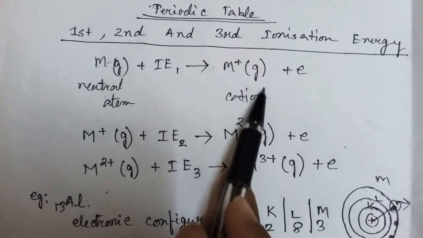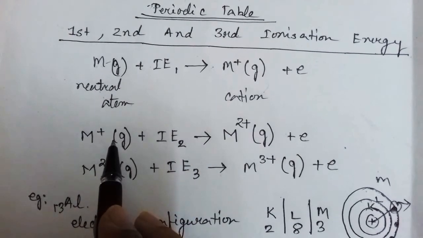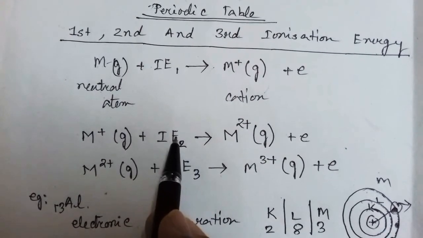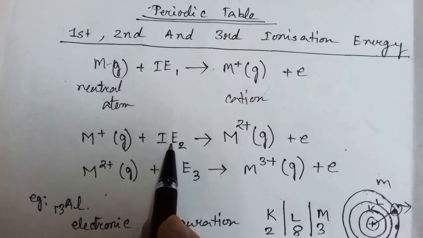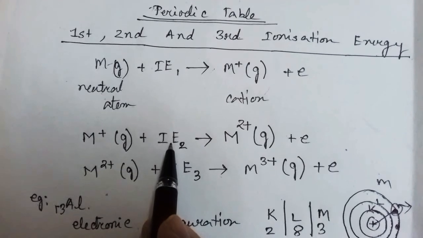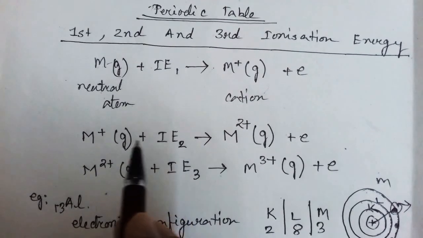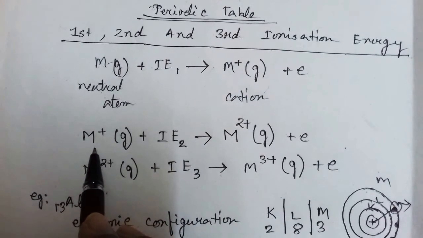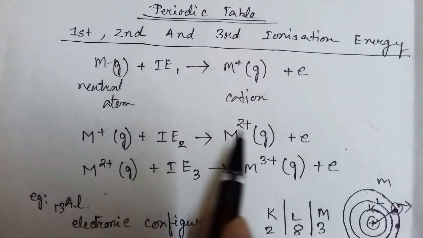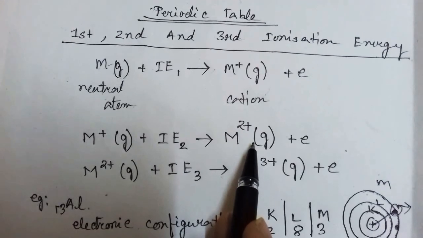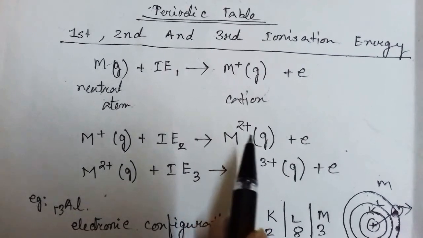So now, the same unipositive cation we are taking, and we are giving it the required amount of energy to pull off its second electron. The unipositive cation will become a bipositive cation, losing its two electrons.